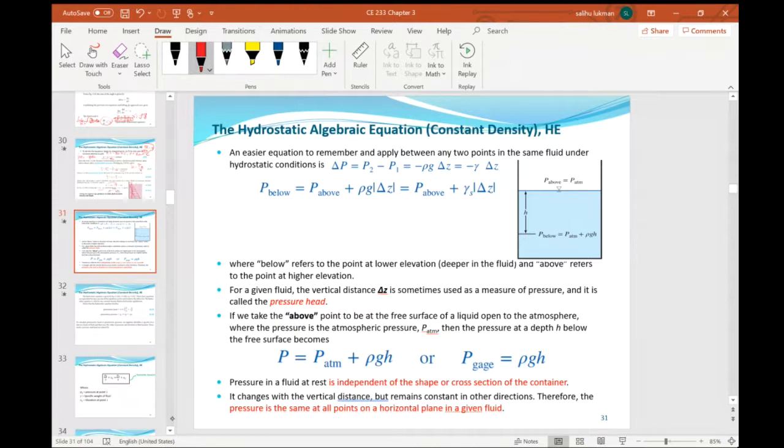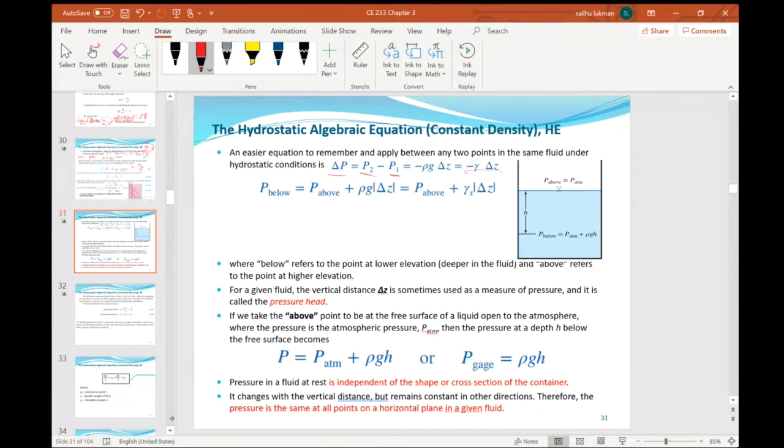So we are just saying delta P equals minus gamma delta Z, which can be interpreted because P2 here is the pressure above, and P1 is the pressure below, which is higher.